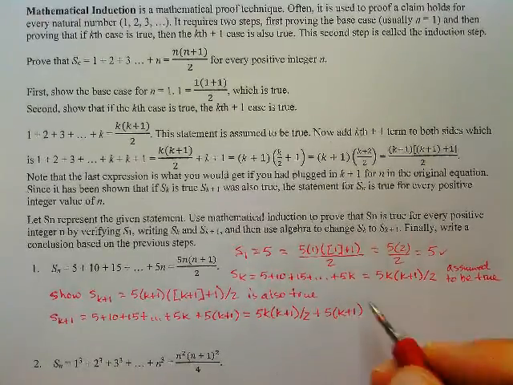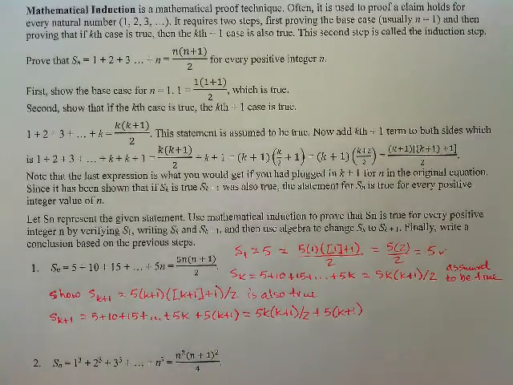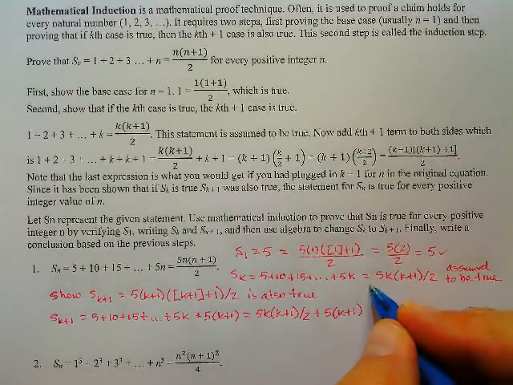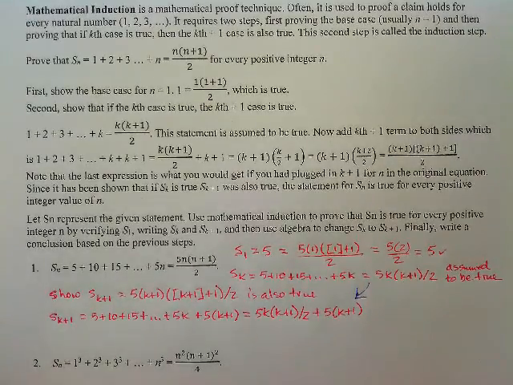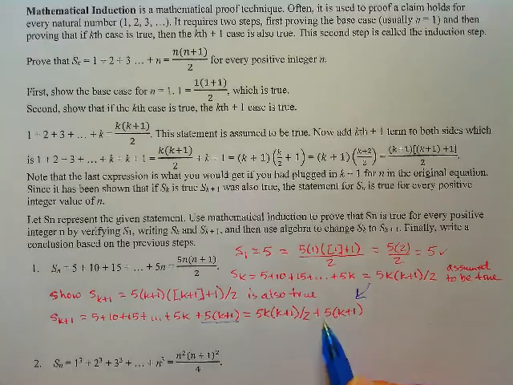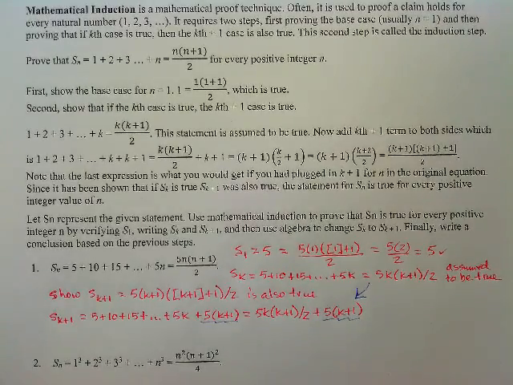So we just took what was up here, and then we added the 5k plus 1 to both sides.